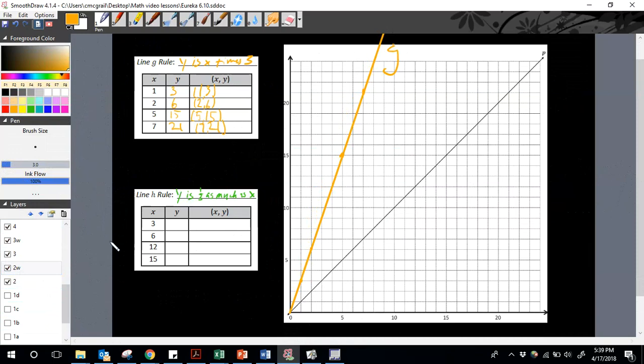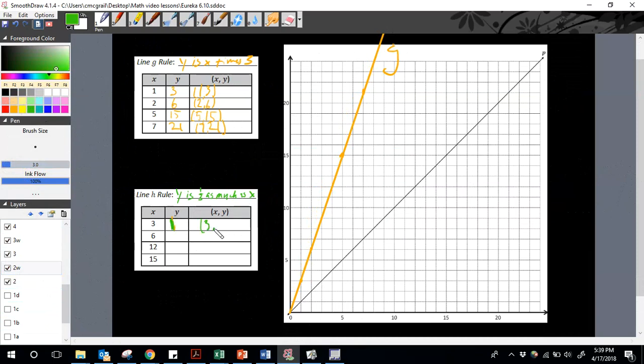Let's take a look at line H now. Okay, line H, it says y is 1/3 as much as x. So now this y value is going to be 1/3 of that. So 1/3 of 3. 1/3 times 3 is 3/3, so 1. Let me go to green.